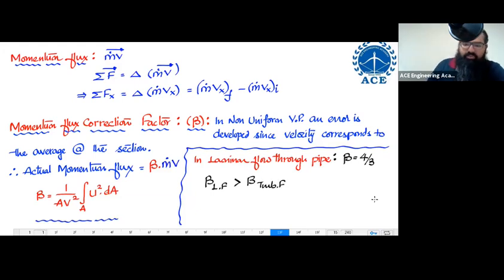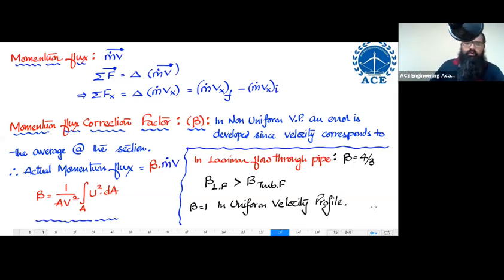I have discussed why it happens in alpha also. If you want, when we discuss the concept of turbulent flow, we can discuss this again. And the value of beta is equal to 1 in the case of uniform velocity profile.